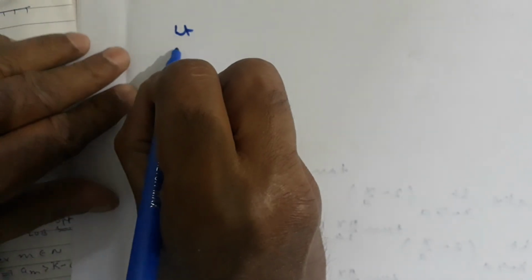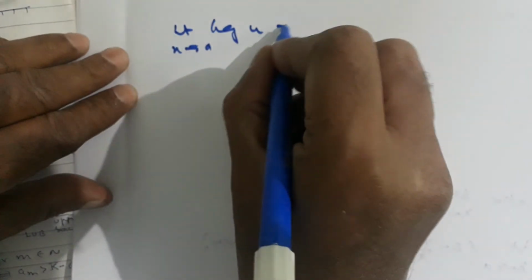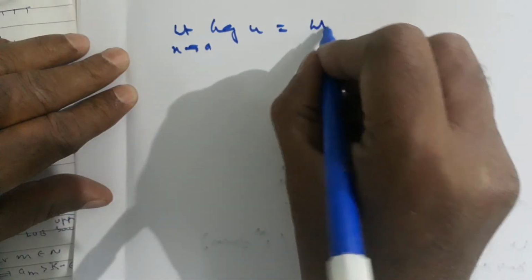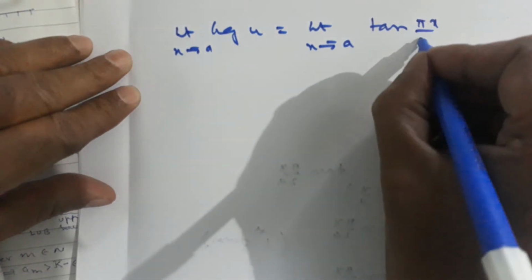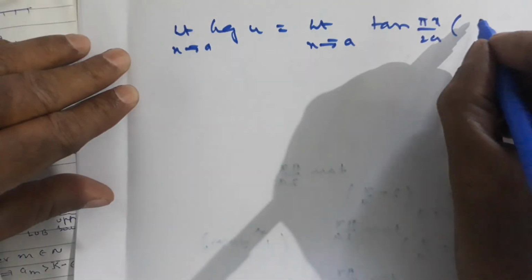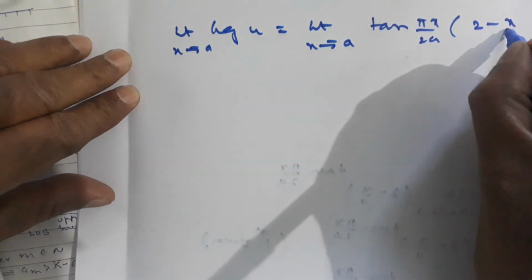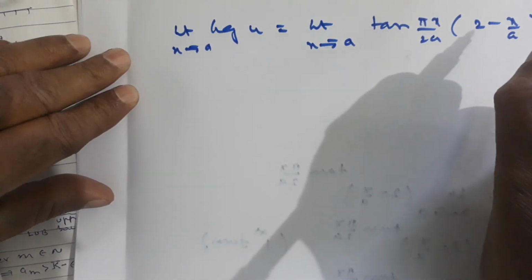So take the limit on both sides as x tends to a. Limit x tends to a of log u is equal to limit x tends to a of tan pi x by 2a into log of (2 minus x by a).